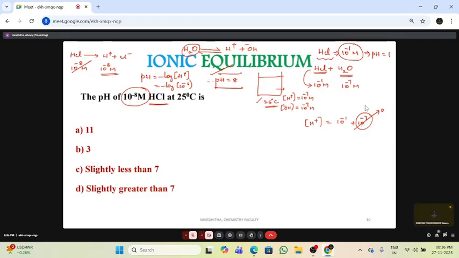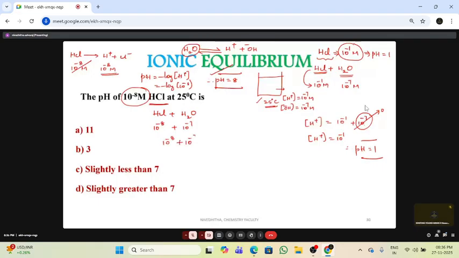But in this problem, HCl is mixed with water, and according to the data, H plus ion from HCl is 10 power minus 8. Then what will be the concentration of H plus ion from water? It is 10 power minus 7. In fact, the H plus ion concentration from water is higher than the concentration of HCl. Now we cannot neglect the H plus ion from water. So the total H plus ion concentration in the solution is 10 power minus 8 plus 10 power minus 7.